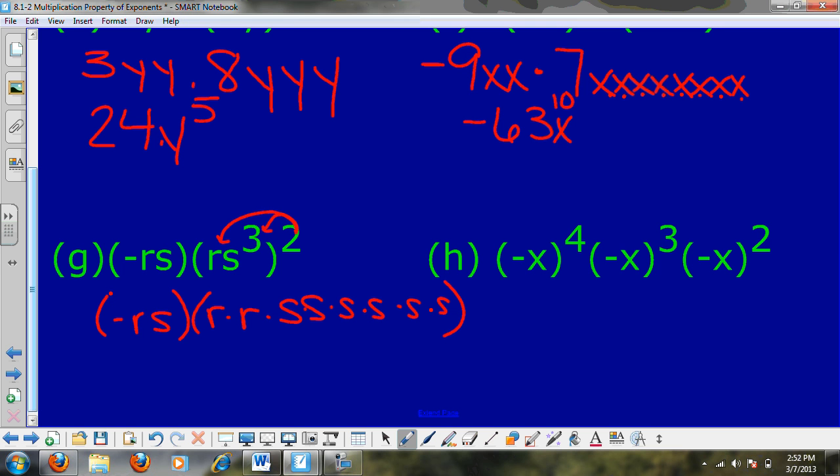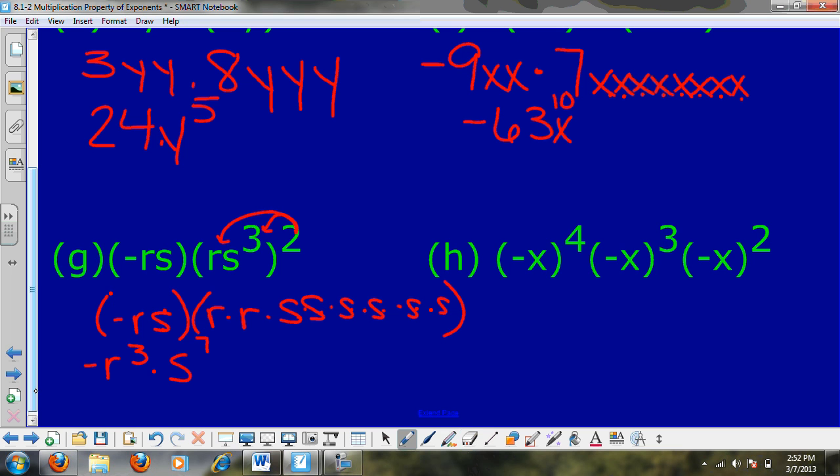Okay? So it becomes negative R times R, negative R cubed. And actually, then you have to multiply it by S all the way through, but we're just going to do like terms here. And S, how many S's? 1, 2, 3, 4, 5, 6, 7. S to the 7.